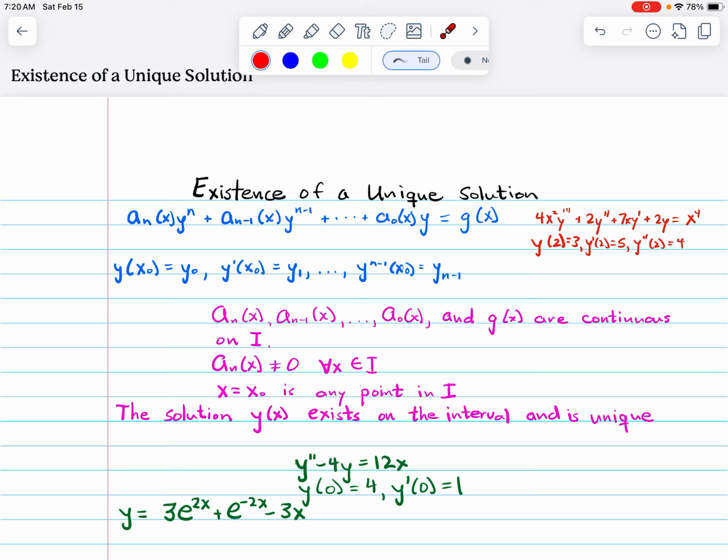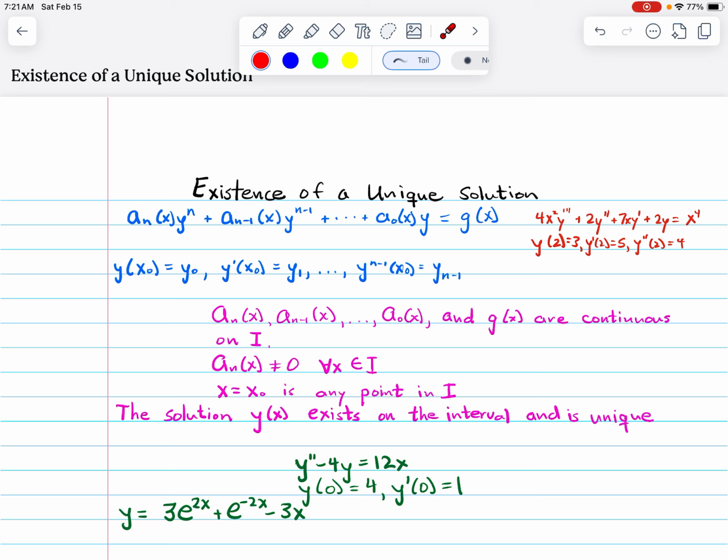And you have down here the initial conditions. So you have y of 2 equals 3, y prime of 2 equals 5, and y double prime of 2 equals 4. So we're saying, at this value for x, we have these conditions, 3, 5, and 4, for the corresponding derivatives there.